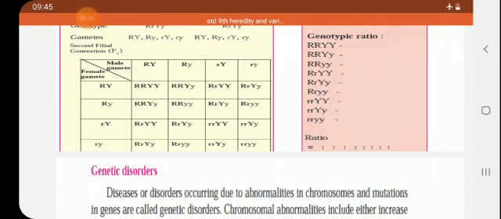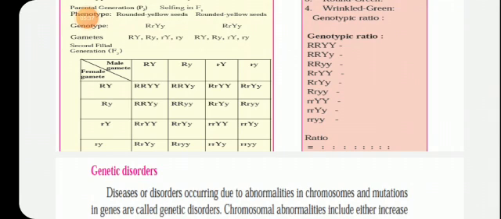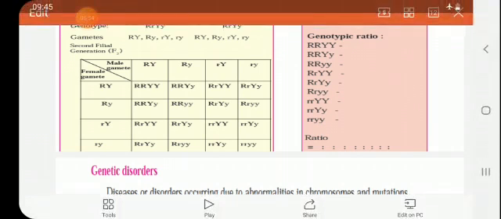And the last one, capital R, small r, capital Y, small y. Capital R, small r, small y, small y. Small r, small r, capital Y, small y. Small r, small r, capital Y, capital Y.